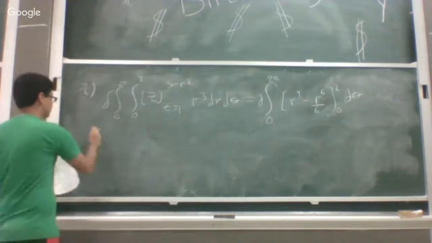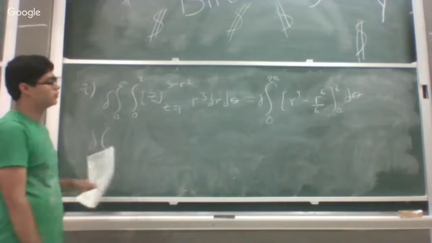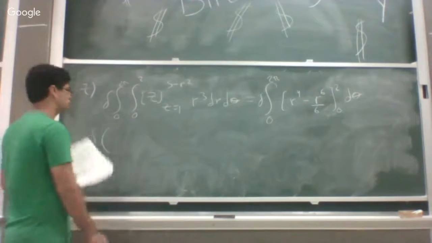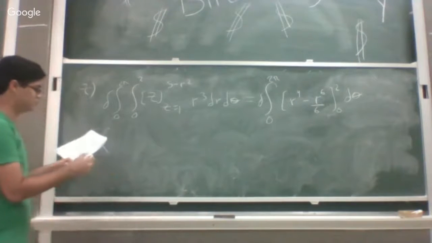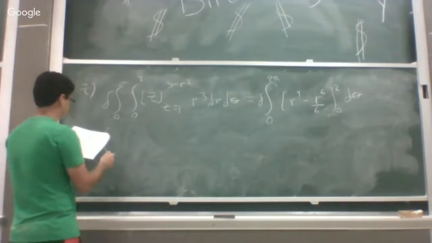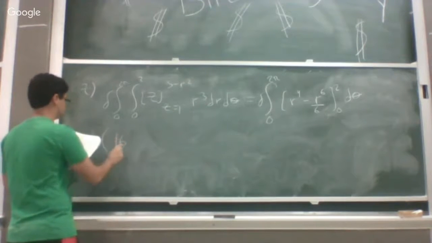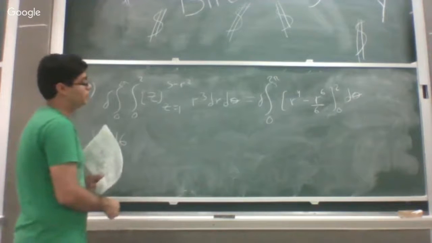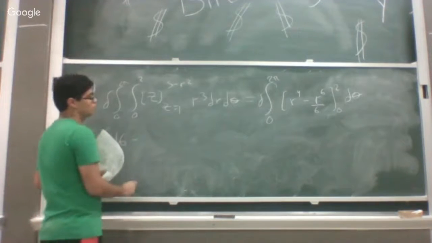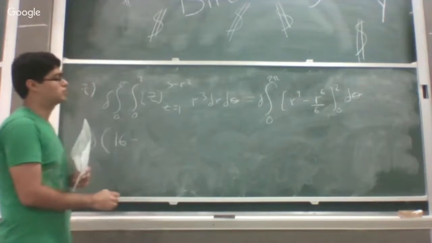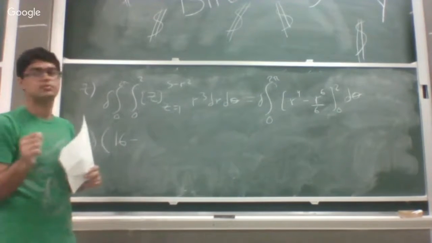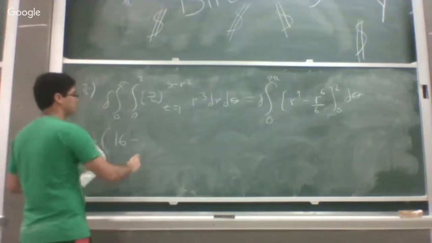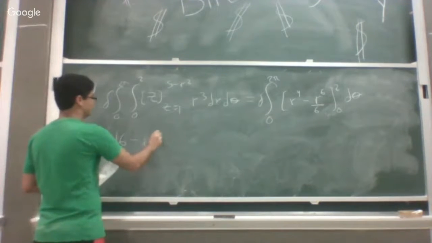So we have density times, first we plug in 2, we have 2 to the fourth, which is what? 16. So 16 minus 2 to the sixth. Okay, yeah, we'll do 64 over 6 for now.